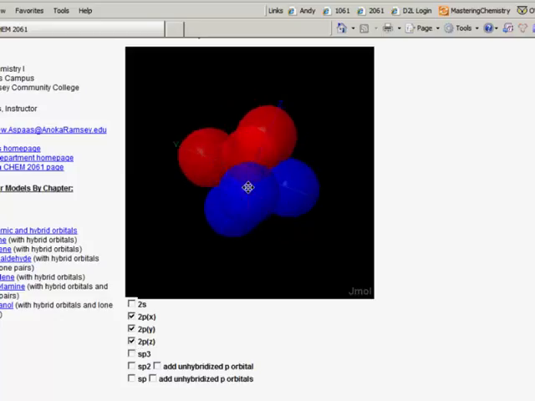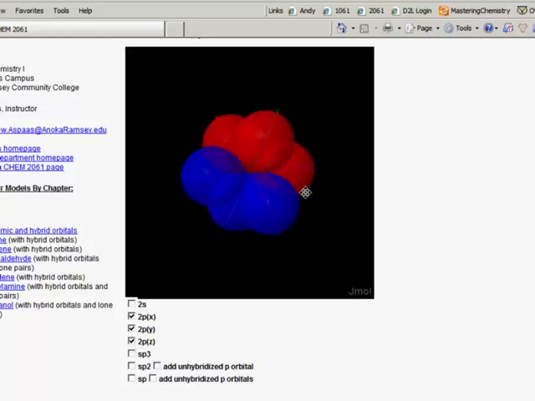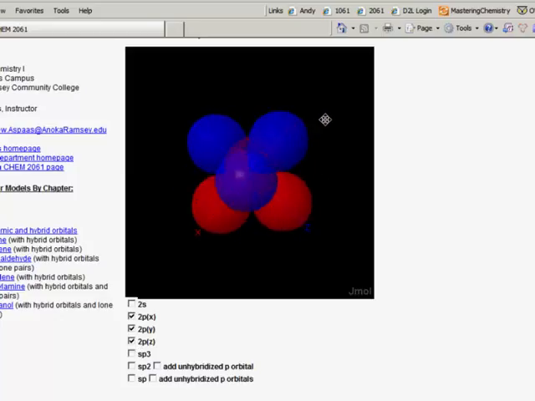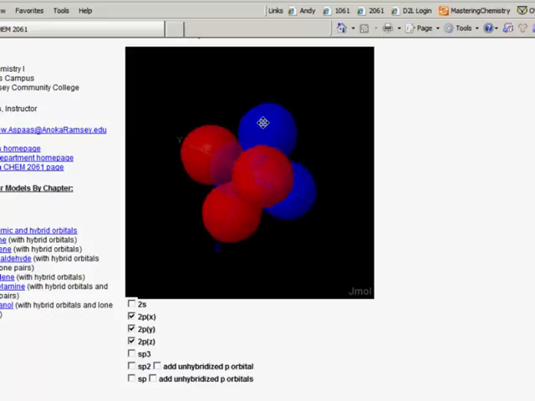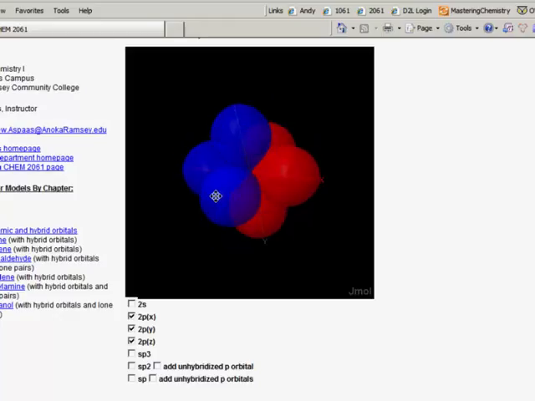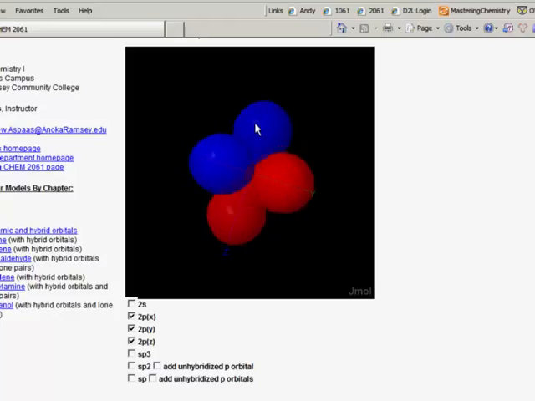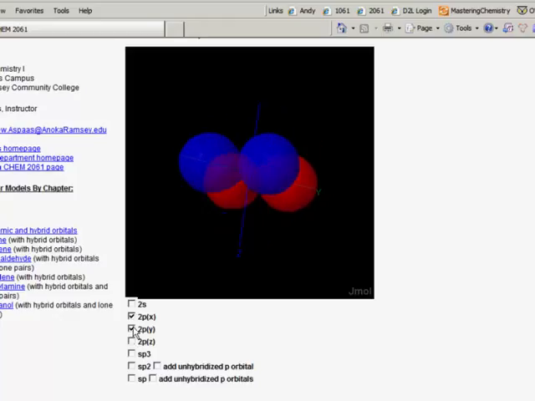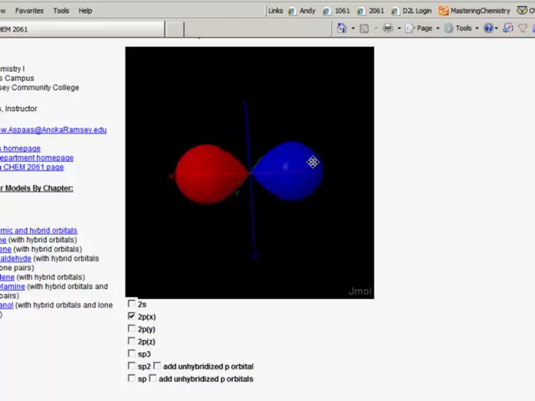So we have 6 lobes altogether, but the lobes really don't mean too much. It's the orbitals themselves. So please don't confuse yourself by thinking there's 1 electron in each lobe. It's not really how it works. There's 2 electrons if I just show one of these orbitals. Here's 2px. Okay? There's 2 lobes right there. Okay? The 2 electrons in that orbital can exist anywhere within those 2 lobes.